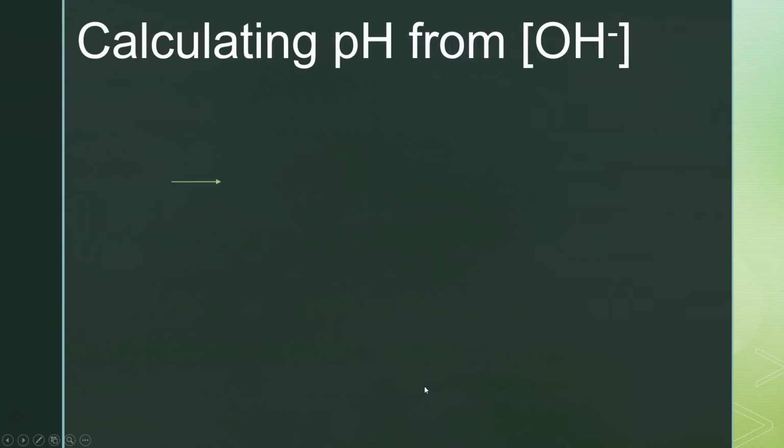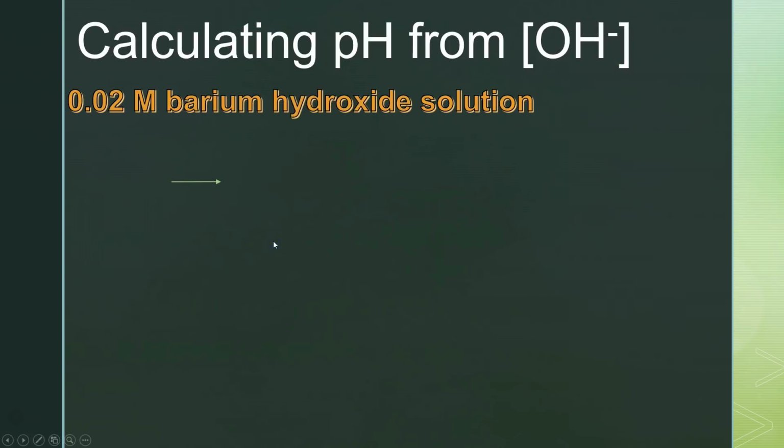Next, what if the concentration of hydrogen ion is not given, but you are required to calculate pH from hydroxide ions instead? Okay, the first step would be to find the concentration of hydroxide ions. So for this question, 0.02 mole per liter of barium hydroxide solution, identify the concentration of hydroxide ions.